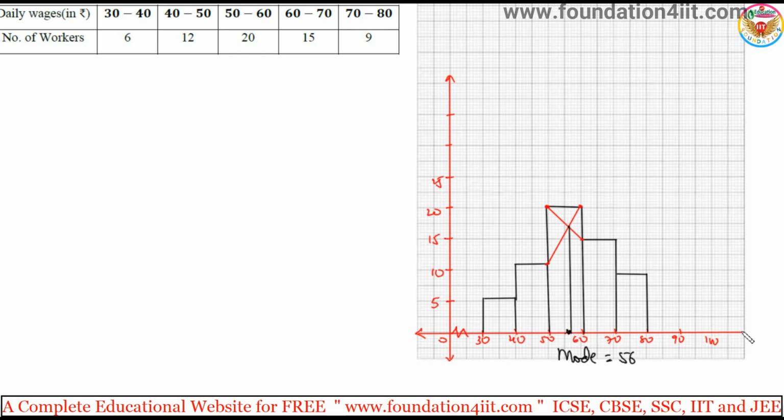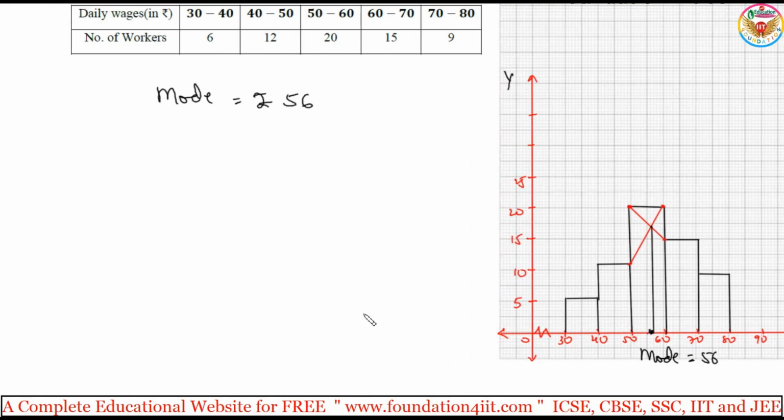Where it's joining on the x-axis, that is the mode. It's the y-axis, so from the graph, the mode is equal to 56. It is in rupees, 56 rupees, because mode is from the x-axis. So 56 rupees is the mode, which is the most repeated value, right? So this is how we can use the graph to estimate the mode.